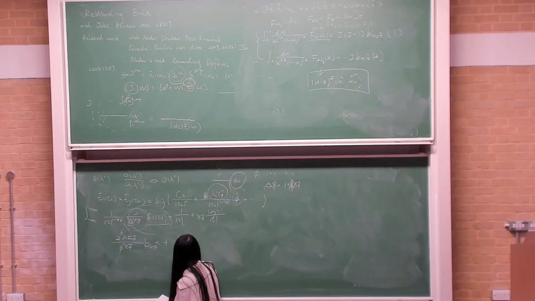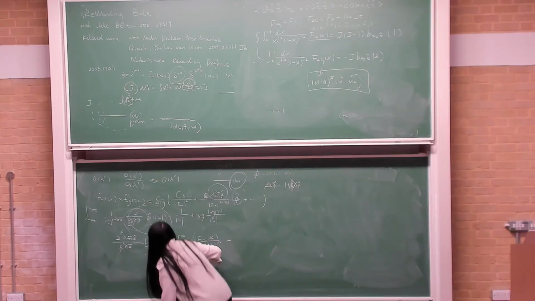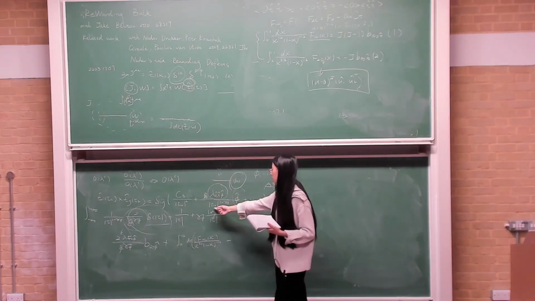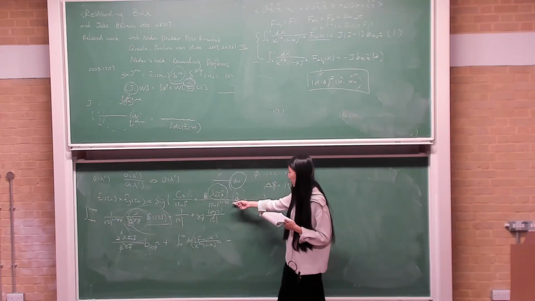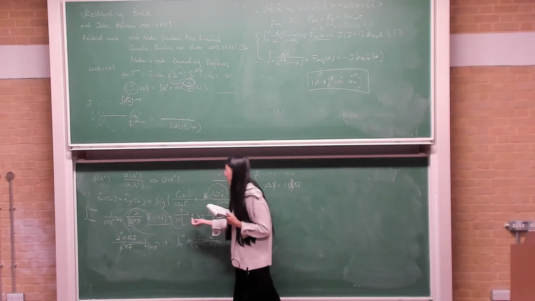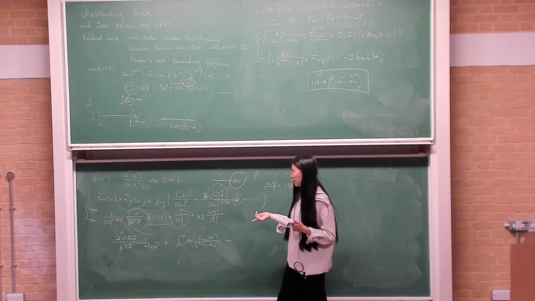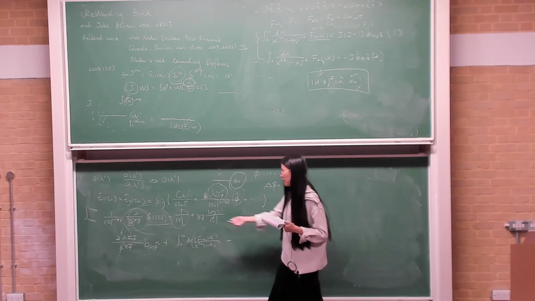So here I write this as two parts. One is the 1/2 part. This one, because this denominator gives you tau to the 1 minus this, and if you expand it perturbatively, you'll find a 1 over tau here. And this 1 over tau integration from minus infinity to plus infinity will be divergent.